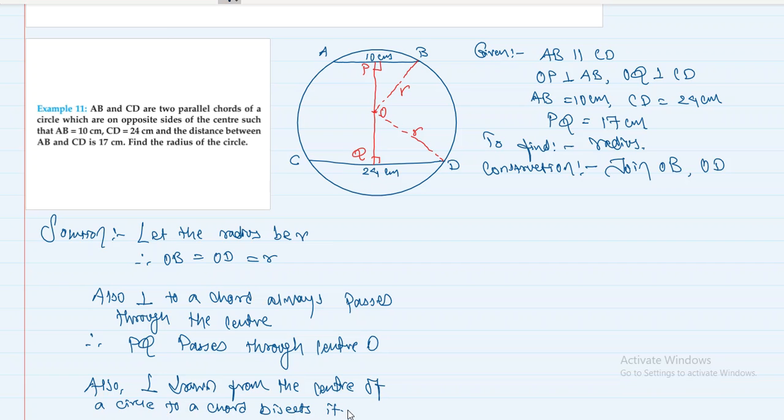Perpendicular drawn from the center of a circle to a chord bisects it. Therefore, we can say that OP bisects AB and OQ bisects CD.